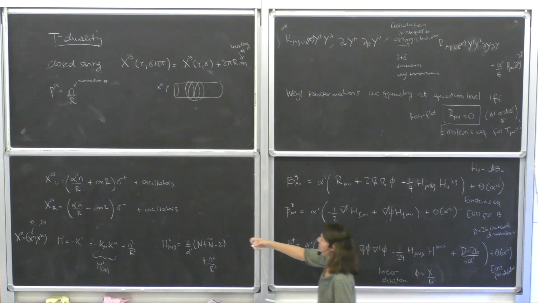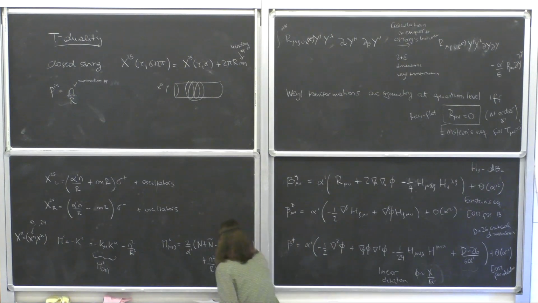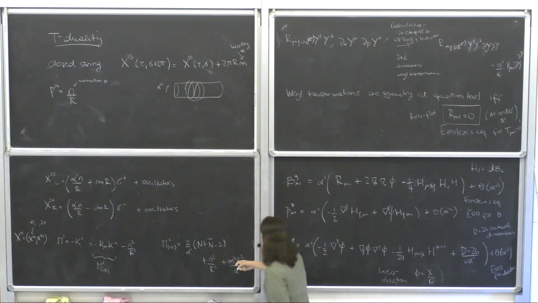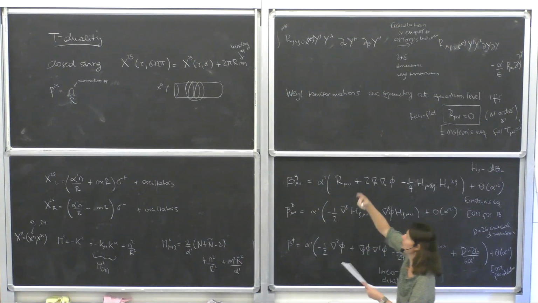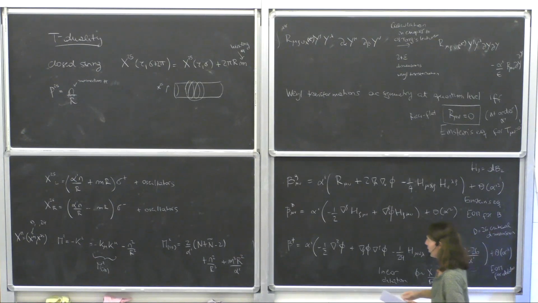And then you get a mass because this is stretched, so you get a mass that is m squared r squared over alpha prime. This is a mass coming from the tension and the fact that this is stretched along the circle.